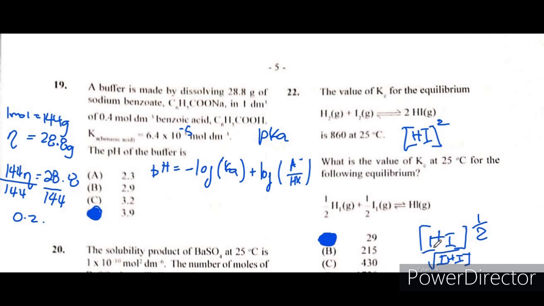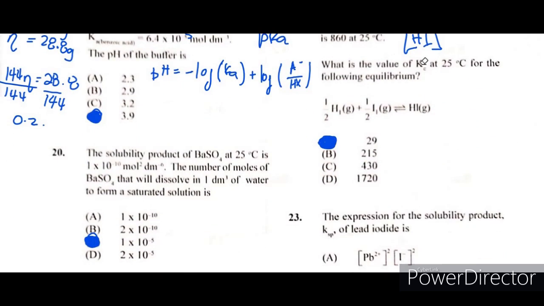I really should invest in a bit more space for these things. All right, let's try this. We would really be finding the square root of the concentration of HI over the square root of the concentration of H times the concentration of I, which would ultimately give us the square root of everything here.